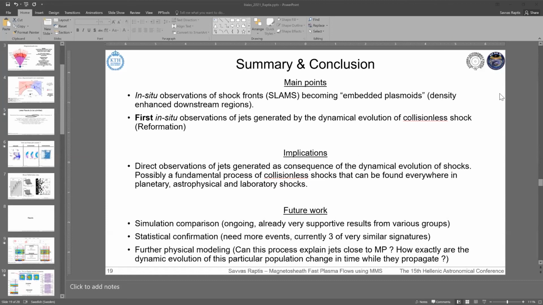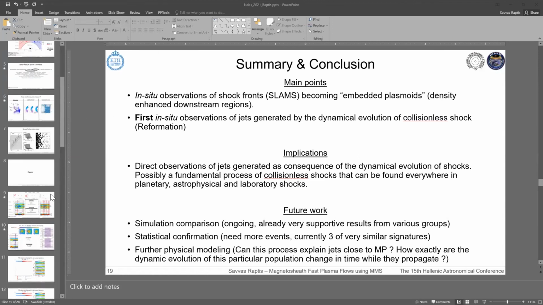Okay, Sava, can you hear me? Yes, of course. Okay, so very nice talk, very interesting. It reminded me of work that had been done theoretically by Rob Decker, trying to resolve this problem of the ripples on the bow shock in the beginning of the 90s, I think.